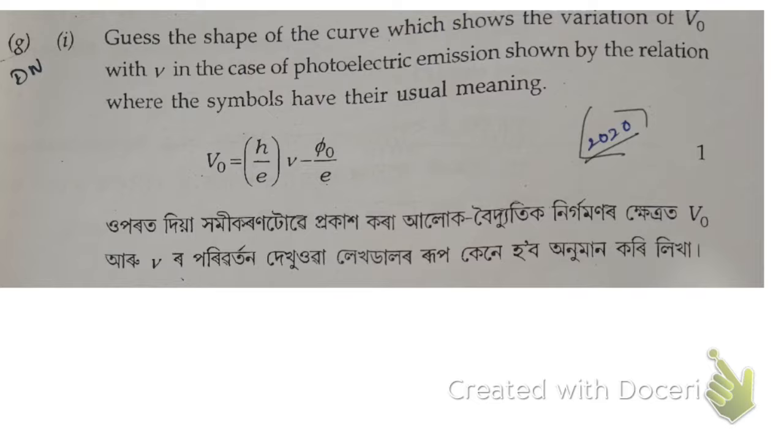So here it is given, guess the shape of the curve which shows the variation of v naught with nu. Now you see this equation is in this form: y is equal to mx plus c.